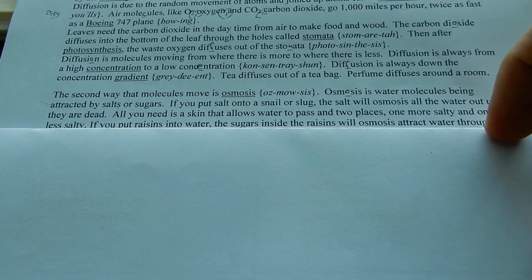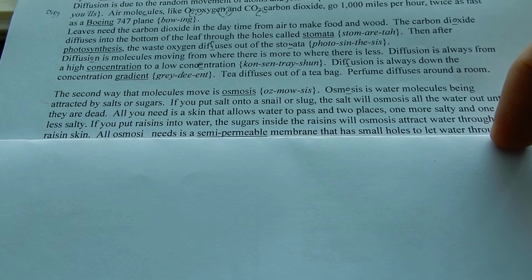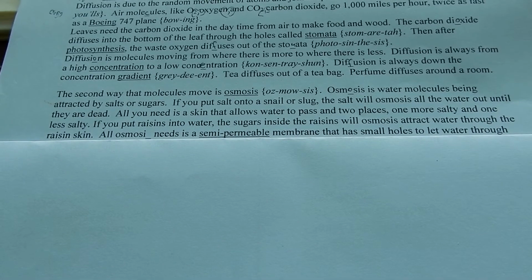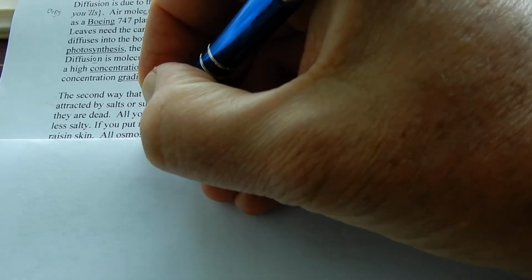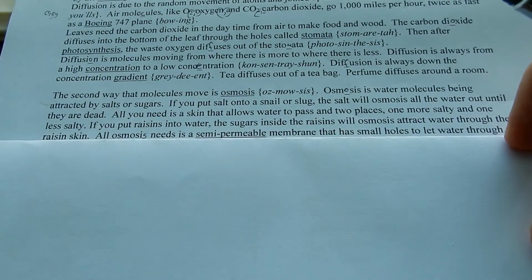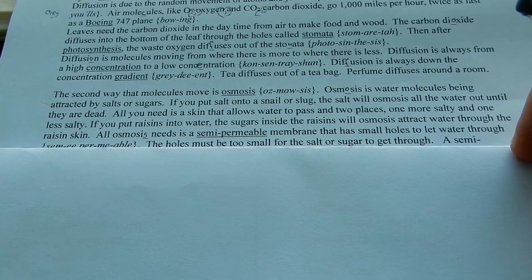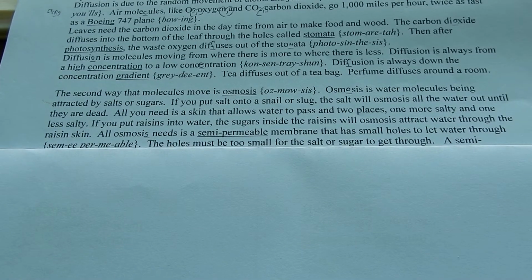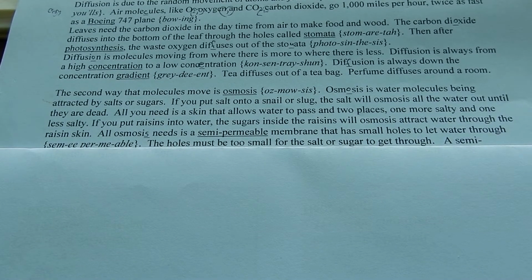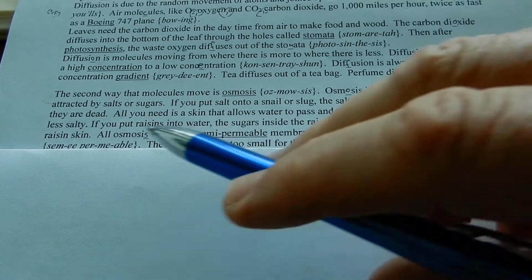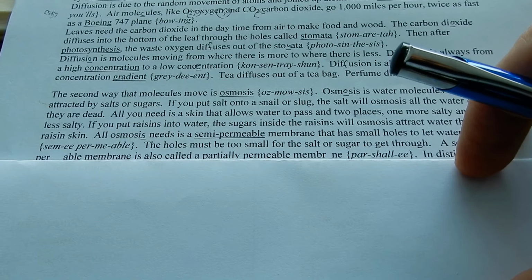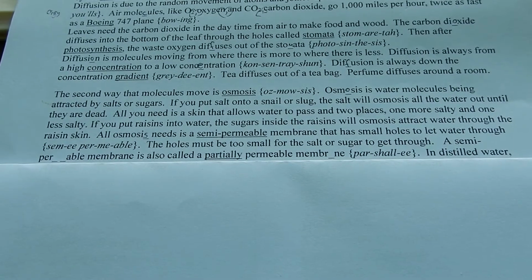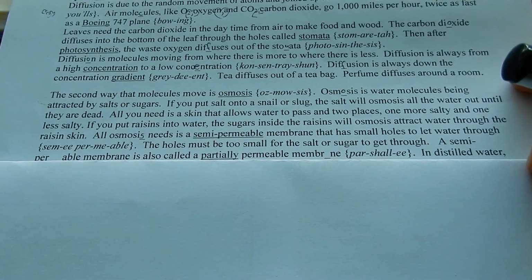If you put raisins into water, the sugars inside the raisins will osmosis attract water through the raisin skin. All osmosis needs is a semi-permeable membrane that has small holes to let water through. The holes must be too small for the salt or sugar to get through.